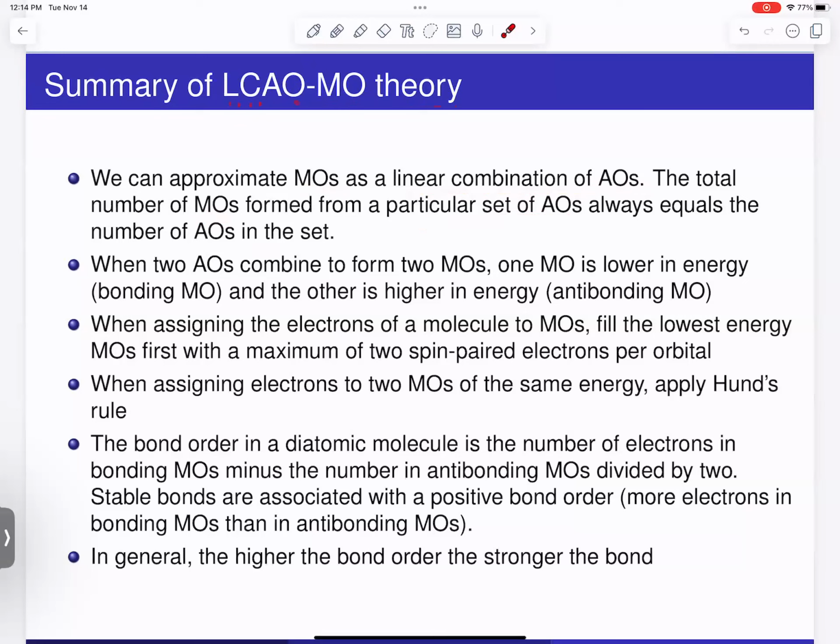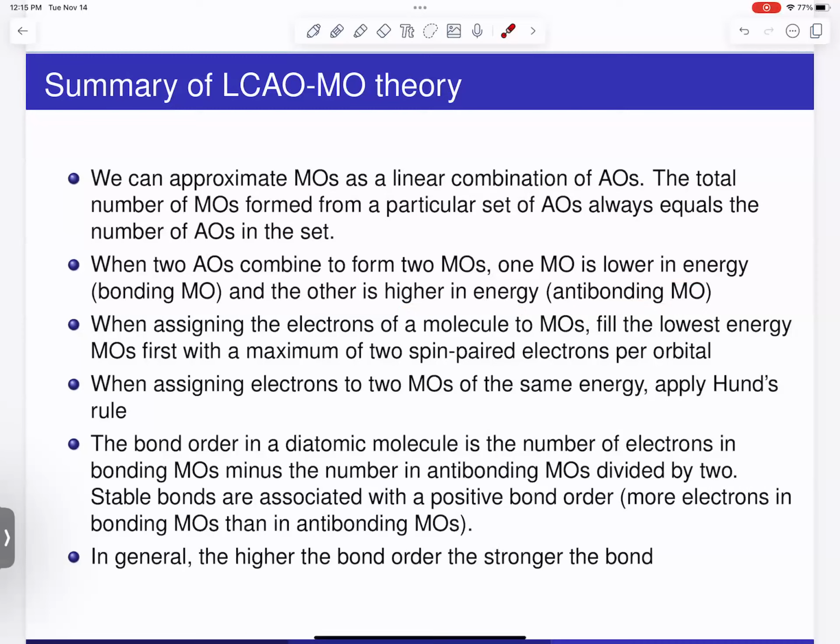If I bring 2 atomic orbitals together, I get 2 MOs, right? And remember, combining AOs is done in 2 ways. You can add them and subtract them. When you add them together in phase, we get a new molecular orbital that is lower in energy, and bringing together out of phase results in a higher energy antibonding molecular orbital.